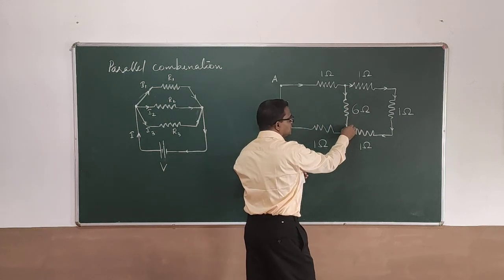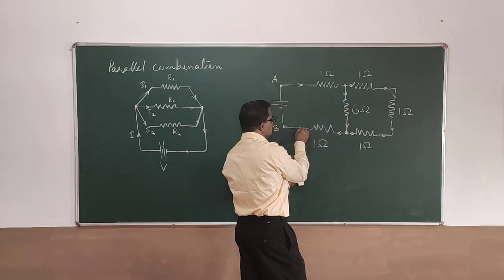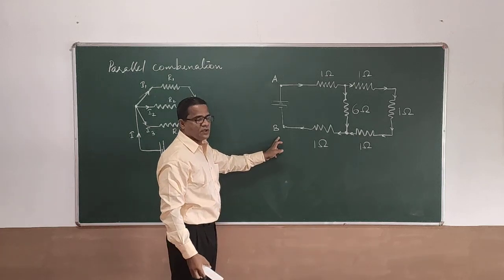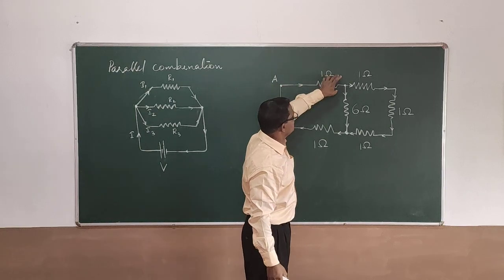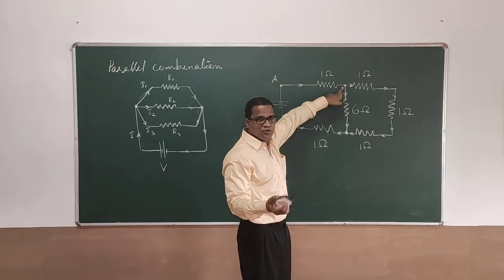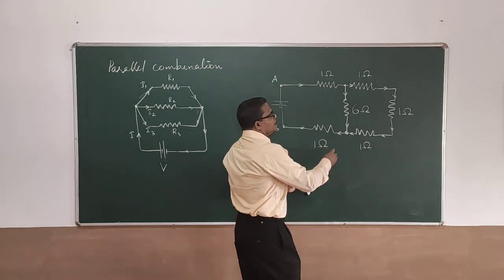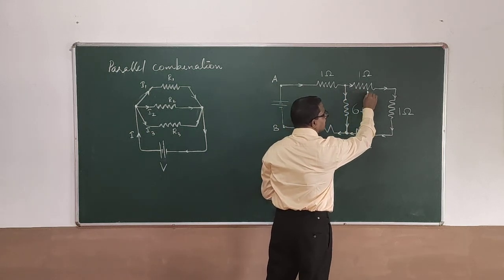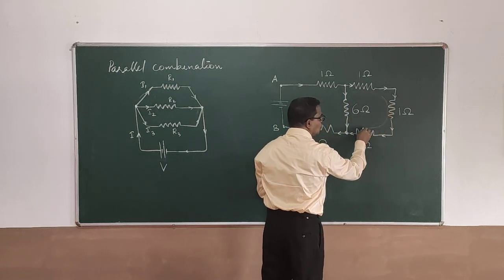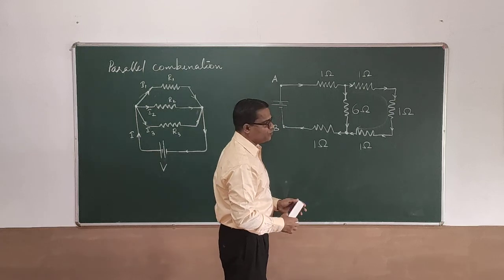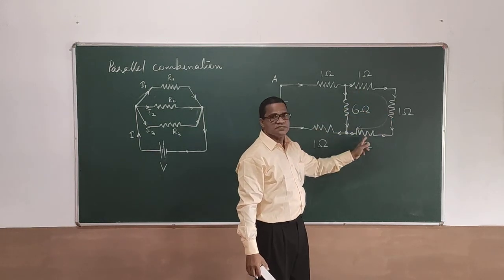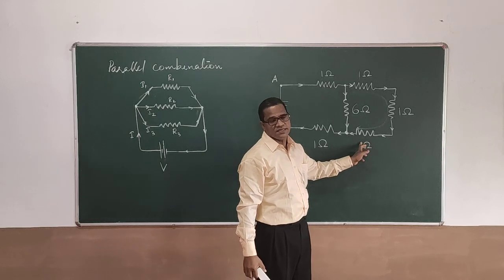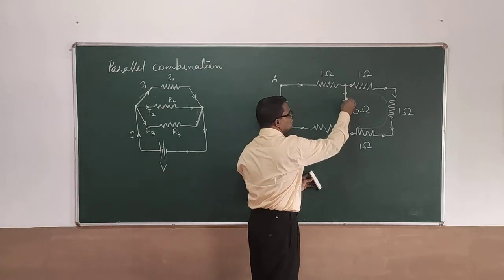By then this current reaches over here and flows reaching back here. Now you can find that the current starting from here reaches here and splits up into two. Now whatever that reaches here, the same current is flowing through all these three. Therefore, we can directly say that these three resistances are in series across these 2 points.